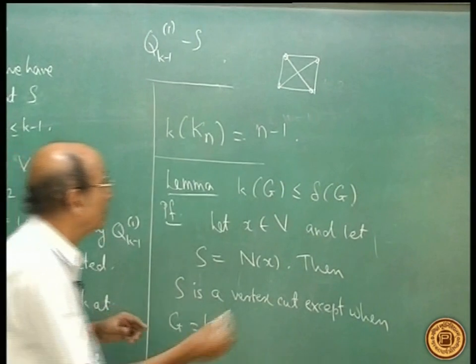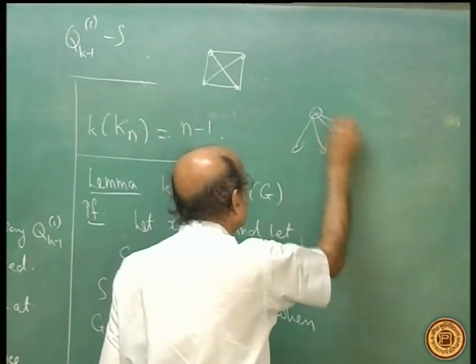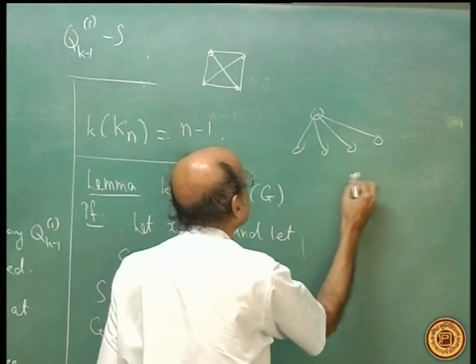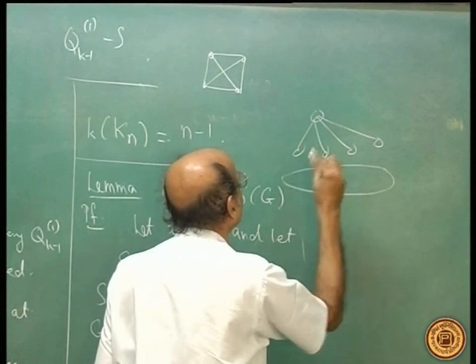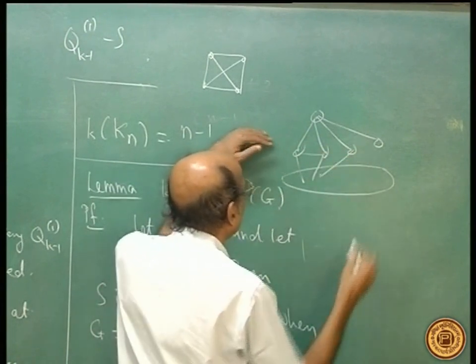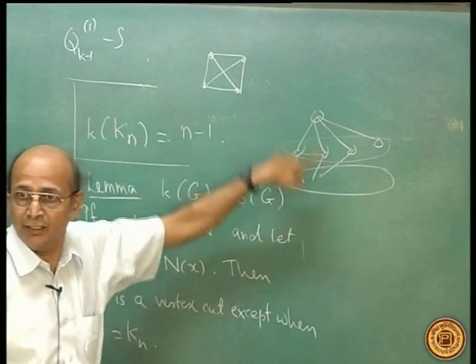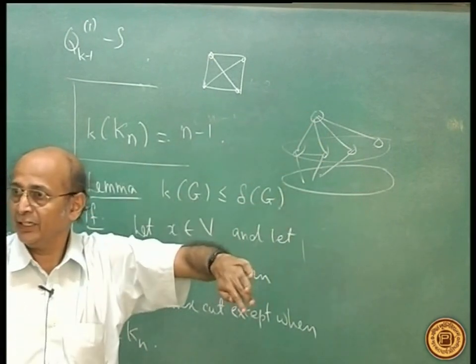Is that clear? See, what we are saying is this is a vertex, so if I remove this portion, that vertex will be separated from the remaining things.